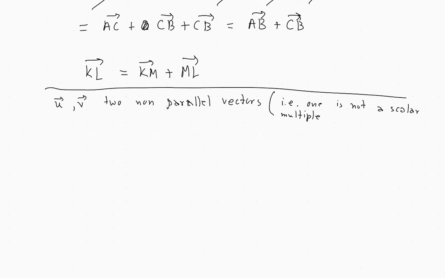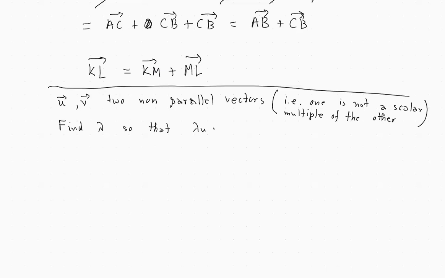So what we want to do here is find the number lambda so that the 2 vectors lambda u plus 1 minus lambda v and 2 plus lambda u plus lambda v are parallel.